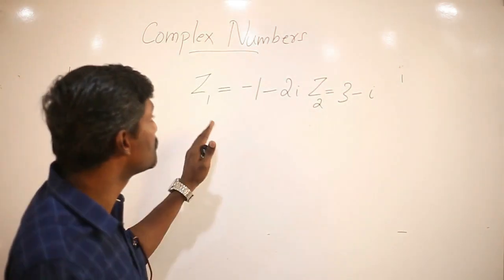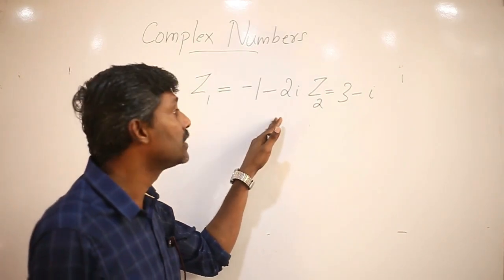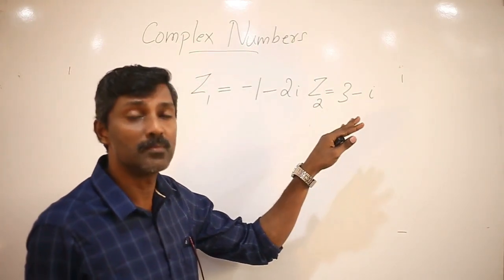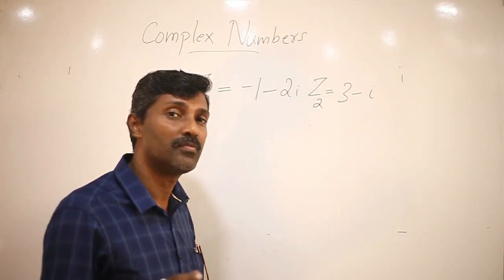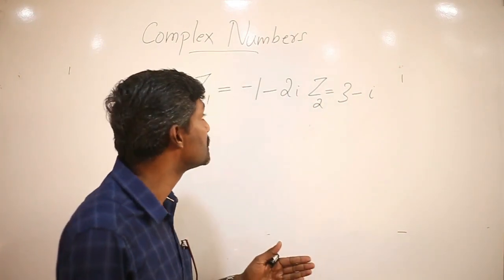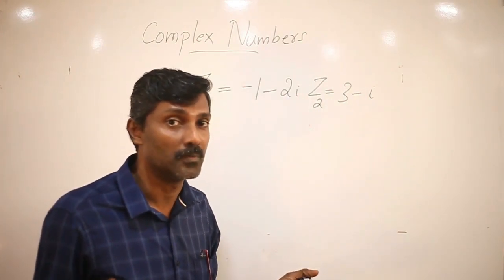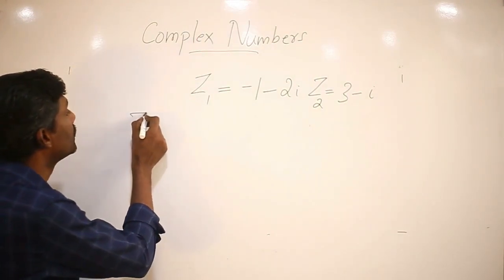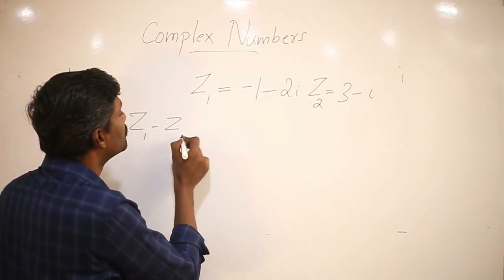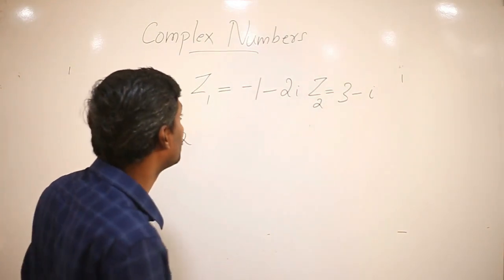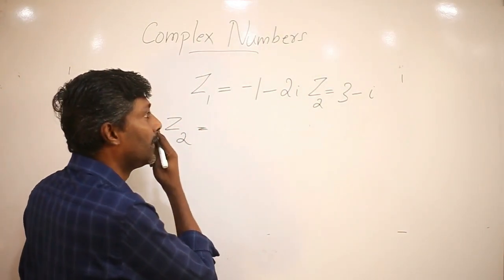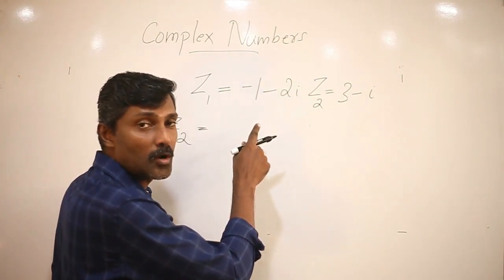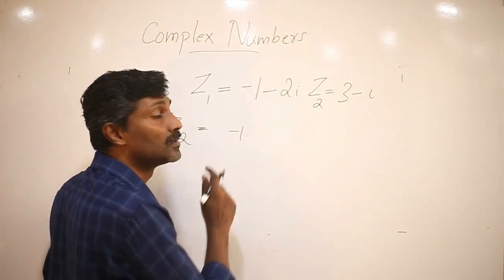So we have the two numbers, Z1, minus 1 minus 2i, and the second number, Z2, is 3 minus i, and we are supposed to find the difference of these two numbers. How do we subtract two complex numbers? We have to find Z1 minus Z2. How do we find that? Very simple. The real part of the first complex number is minus 1. Write it down.